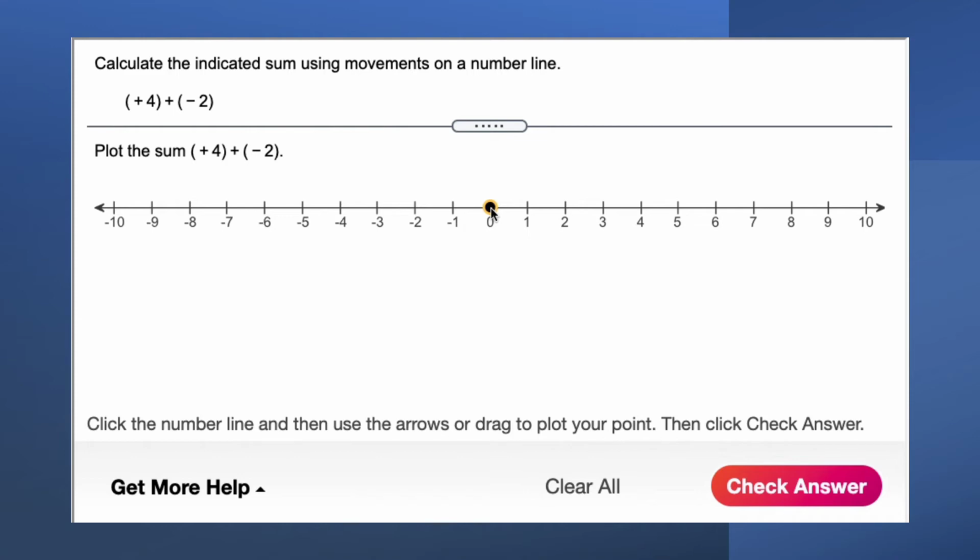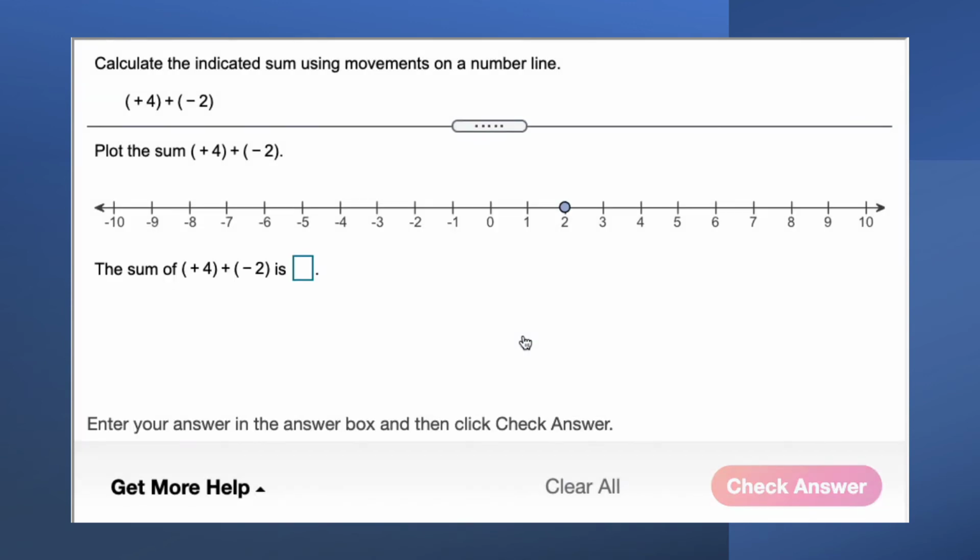So we'll click on the circle and then move 4 spaces to the right. 1, 2, 3, 4. Next, we need to add a negative 2 to that, so we'll move 2 spaces to the left. 1, 2. Our answer is a positive 2, so we'll leave the dot on the positive 2 and check our answer.